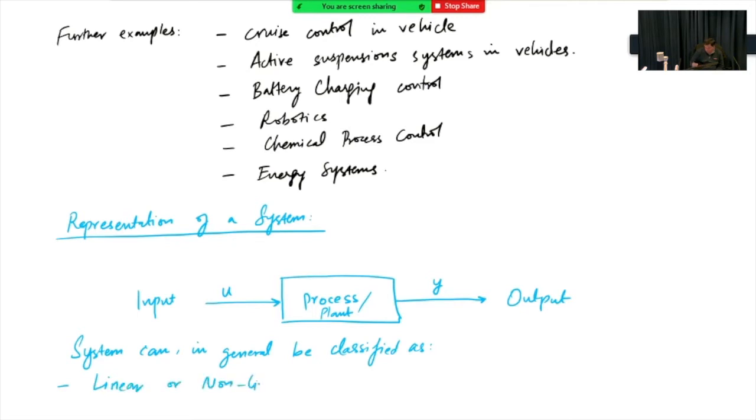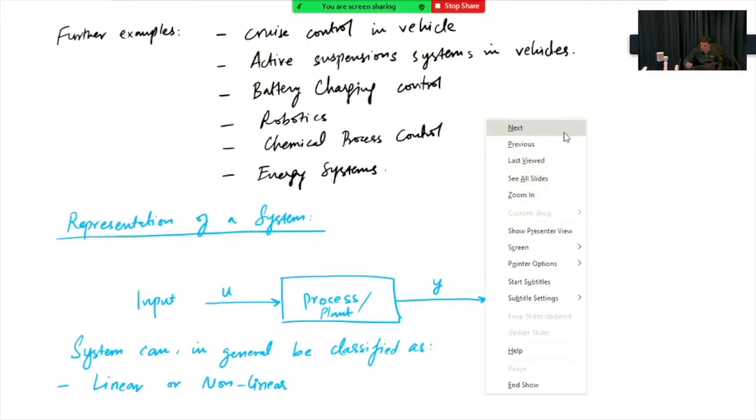So whenever we say that there's a system, we generally want to know whether that system is a linear system or a non-linear system. Okay, and then whether the system is a continuous time system or a discrete time system.